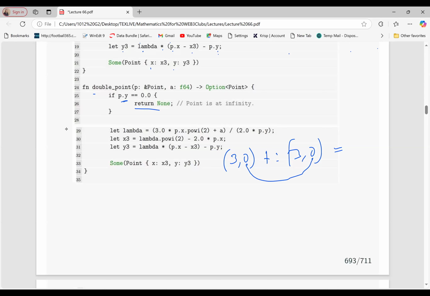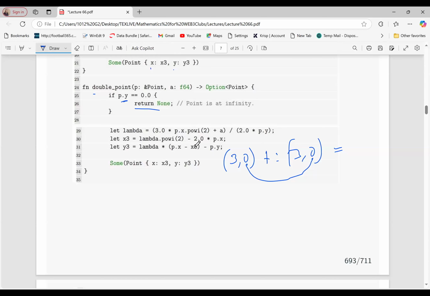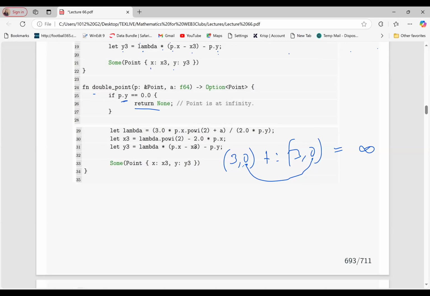You're looking at the same point. If the y values are 0, then automatically this will give you a point at infinity, because look at our formula.